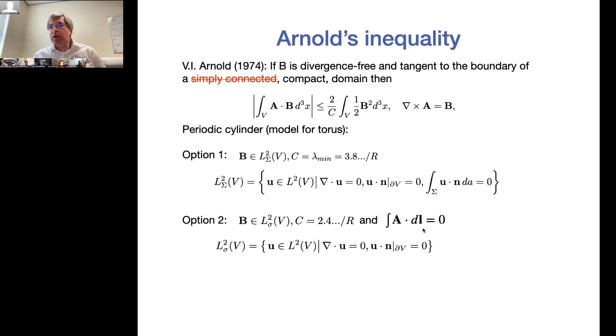Maybe one can make this slightly more general. I've chosen 0 in order to describe a situation where there's no flux outside linking that particular domain. If you have a situation like in a tokamak where you have flux linking the domain and you know that flux, then you can of course also write on the right-hand side of this equation the exact flux which you want to describe here.